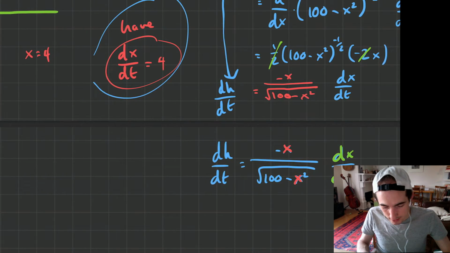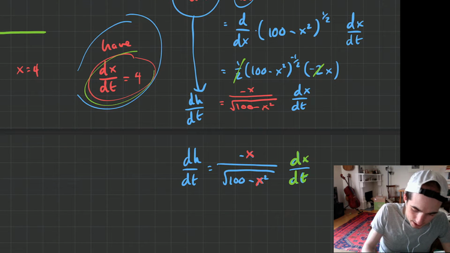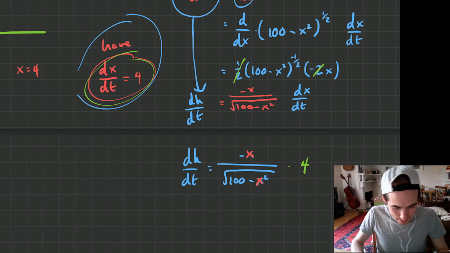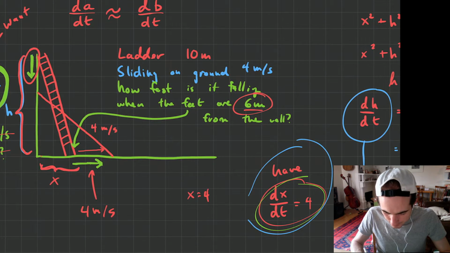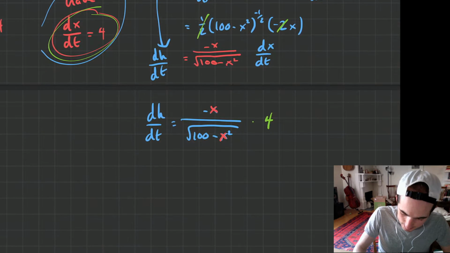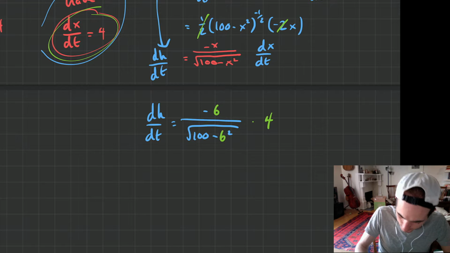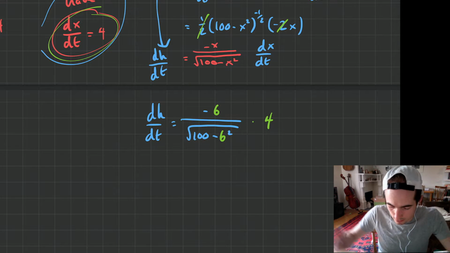I'm told that in the question. So dx by dt is 4, so I'm going to turn this into 4. And x is, what did I say x was? 6? Yeah, x is, in this case, 6. So let's turn that into a 6 and another 6. And now it's just arithmetic.